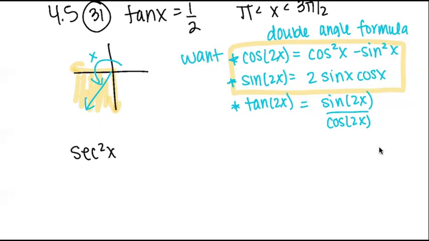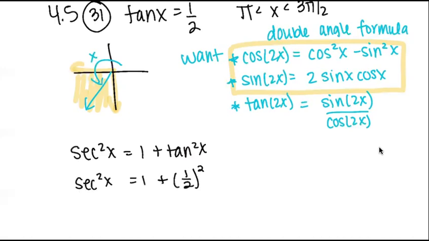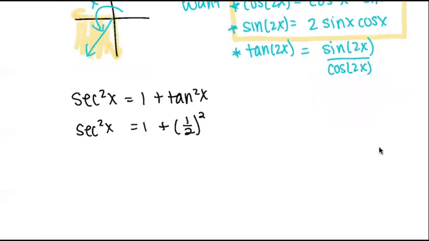So we learned secant squared is 1 plus tangent squared. Just a formula. So we get 1 plus 1/2 squared for secant squared, which means secant squared is 5/4.